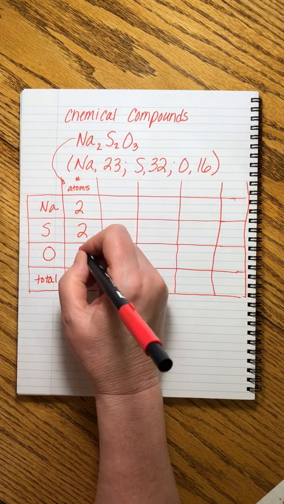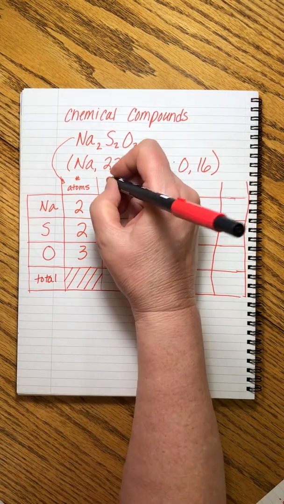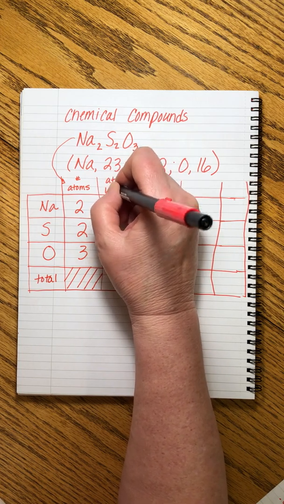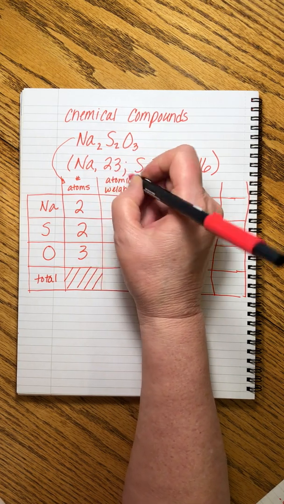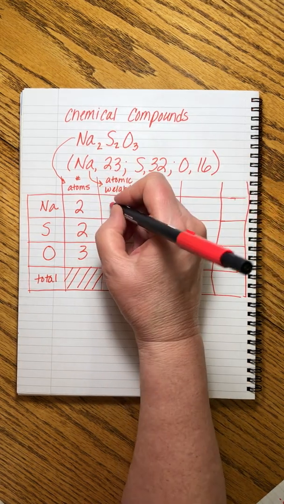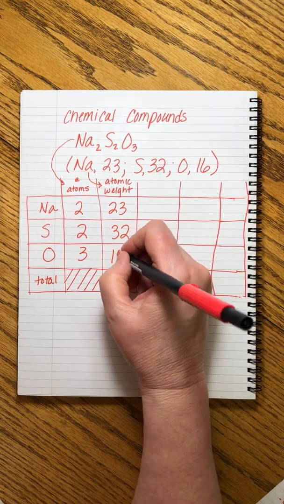2, 2, 3, and we don't need any information about a total in this. Then we need to know what we call the atomic weight. That comes from here. 23, 32, 16.